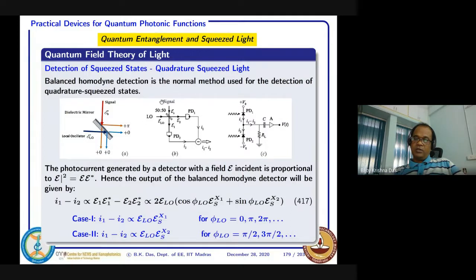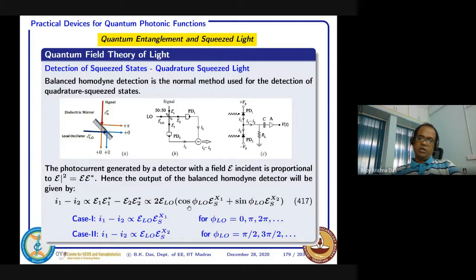So their source is the same laser. So externally we can take part of the laser you are using for the local oscillator. You can introduce some phase. You can modulate. It's a DC phase, just path length increase or whatever way you have the opportunity. You can do that.